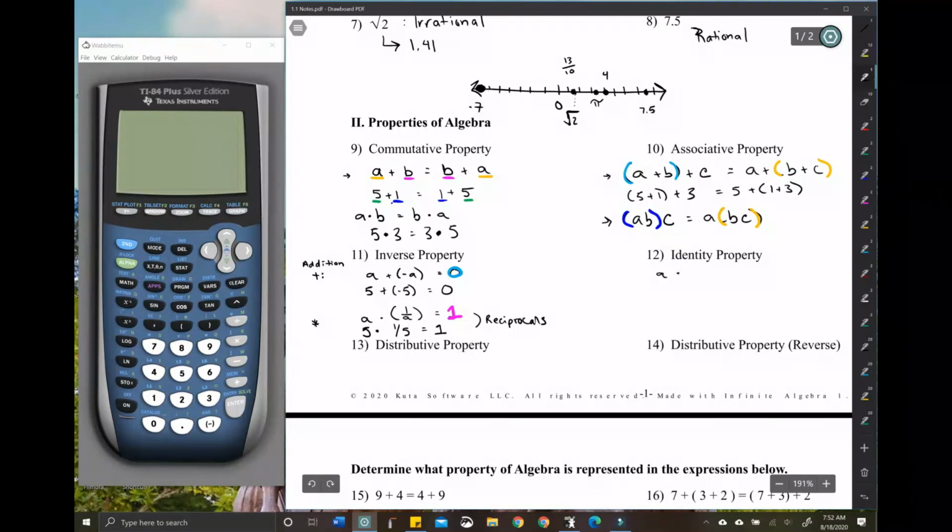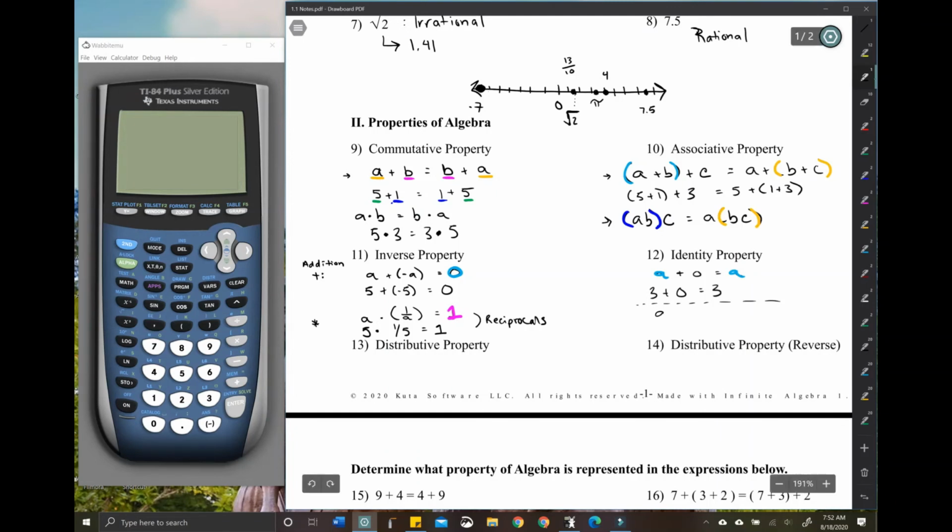So A plus 0 is equal to A, or 3 plus 0 is equal to 3. The identity, it's like looking in a mirror, okay? You start with it, and you look back, you get the same idea. For the multiplication, the identity is 1.